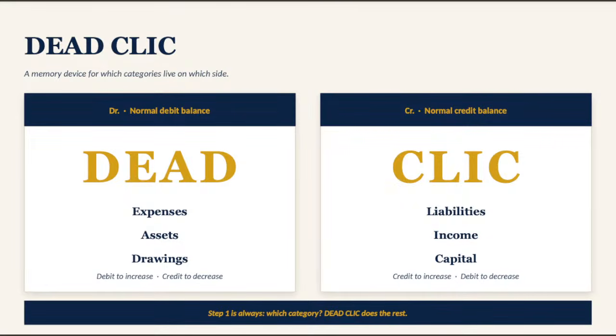But right now we're just looking at the two columns of the T accounts here. I just want to be clear that on these accounts, when you want to see the amount in that account increase, you would put the amount on the credit side, the right side. On the accounts where you want to increase them that are expense accounts, assets, or drawings, you would put it on the debit side.